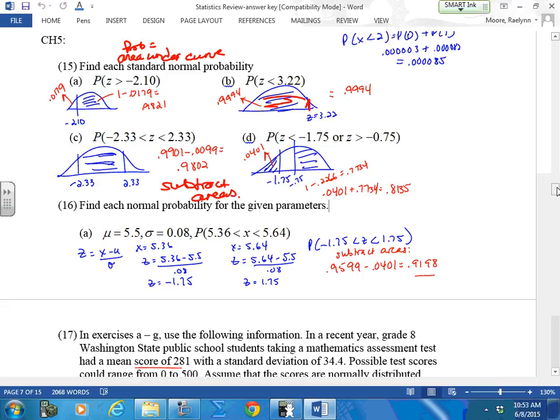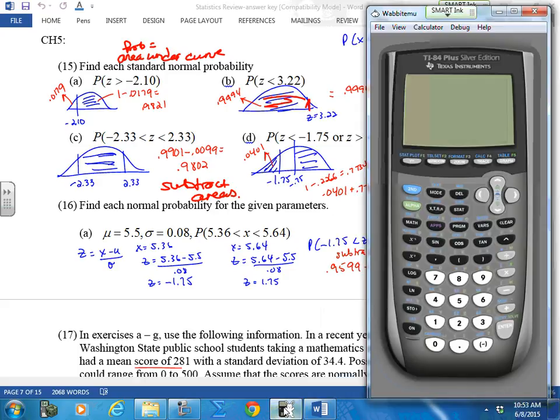Do you guys remember the calculator step for this? For those that like the calculator? Yeah. It's second VARS. We're in a normal PDF right now. This is a normal probability distribution. Wasn't it inverse? Second VARS, normal PDF. So, hang on.